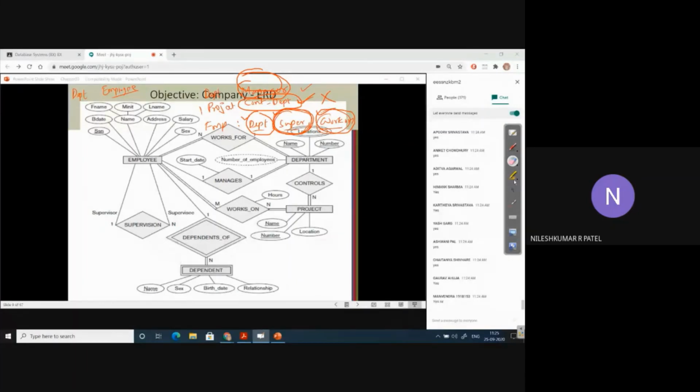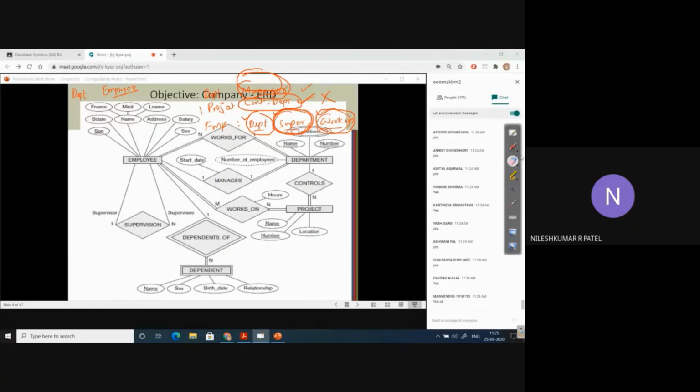That double diamond symbol is nothing but the identifying relationship type. Other things you can maintain like cardinality and participation. So combining pieces together, we have an ER diagram.